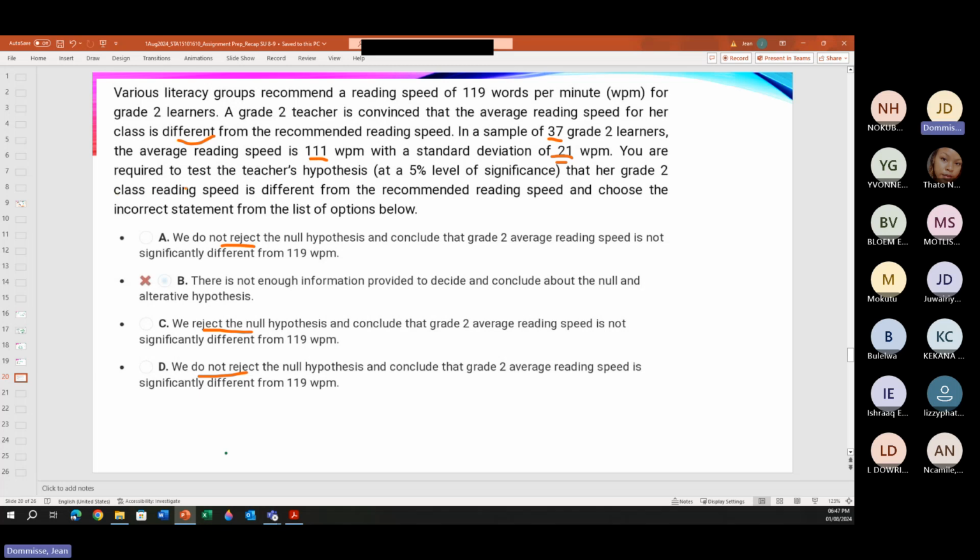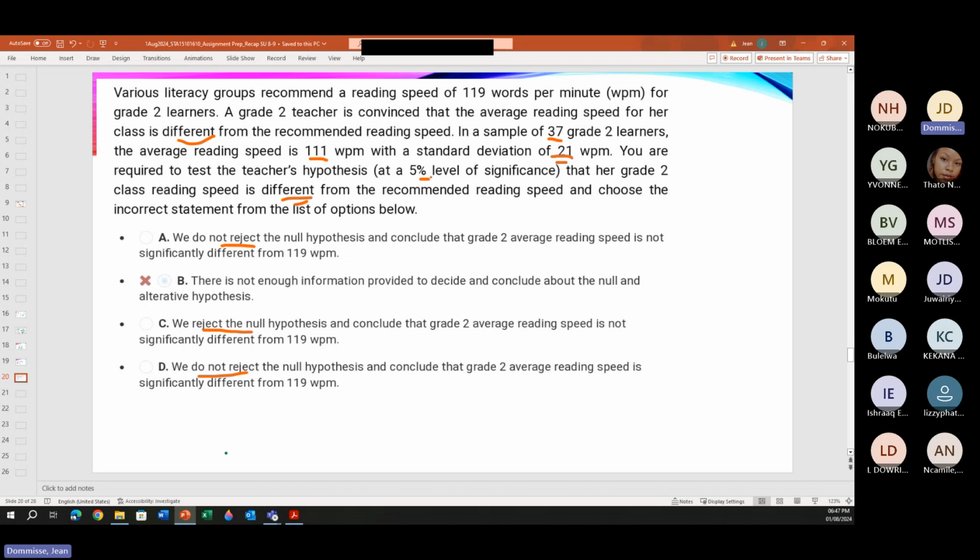You are required to test the teacher's hypothesis at a 5% level of significance and choose the incorrect statement.